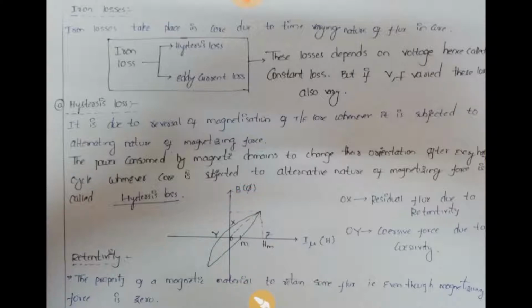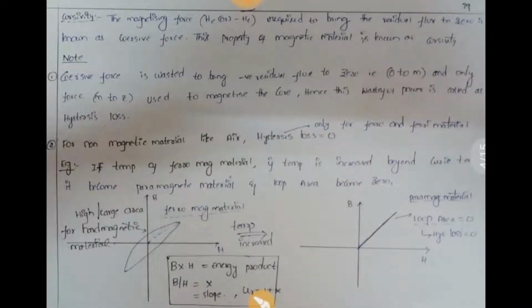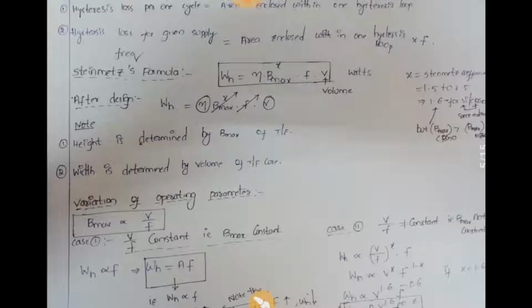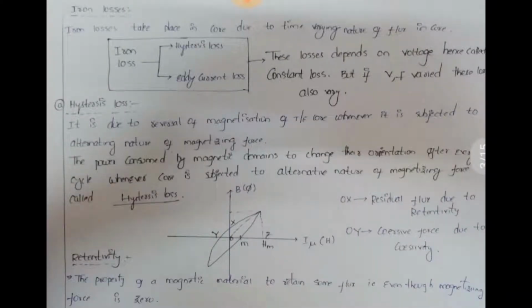You are applying additional force to reduce the residual flux to 0. Now coercive force is wasted to bring the flux to 0, that is 0 to m, and only the force m to z is useful. Yes, only this force is useful. 0 to m you have given to bring the flux from Y to 0, and this m to z is used only to magnetize the core in the second half cycle.